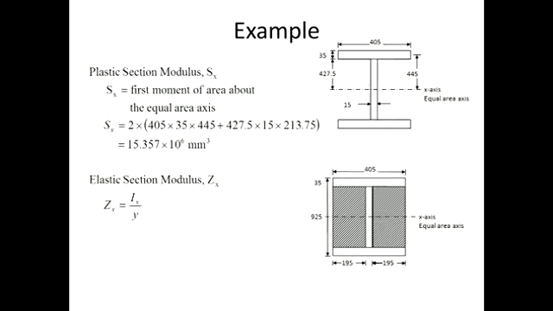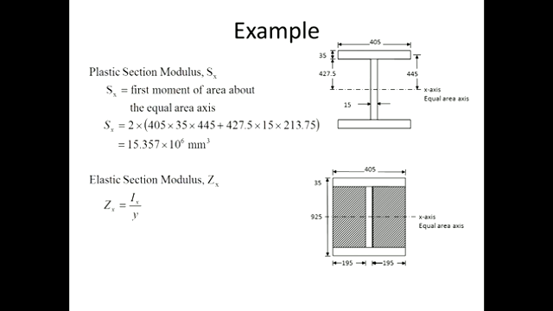So for us to determine the value of ZE, we have to determine the value of S, and because we have bending about the major axis, we look at the equal area axis, which is also the centroidal axis. In the morning we said that for us to determine the value of S, we have to take the first moment of area about the equal area axis.